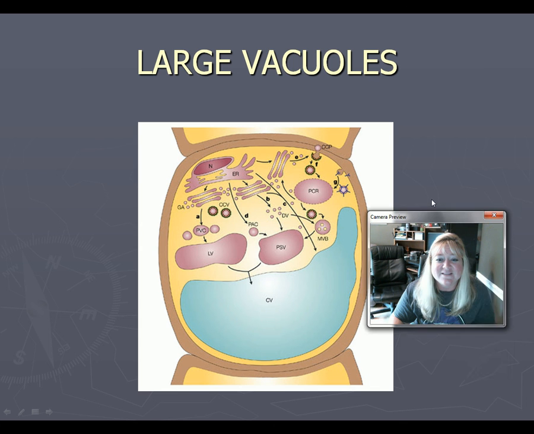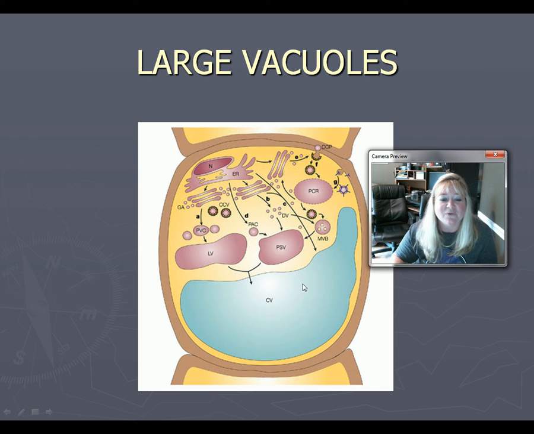Okay, cool. So last slide here, large vacuoles. Plant cells have big lakes on the inside of them. And this big giant lake here is a vacuole, and it's full of water. So as I said earlier, vacuoles, think vacuum, can suck up stuff. Well, this is a big vacuole that actually is holding a lot of water. And again, plant cells need a lot of water.